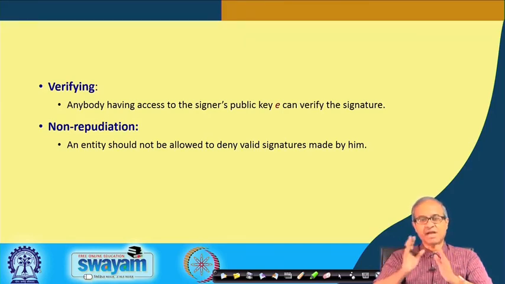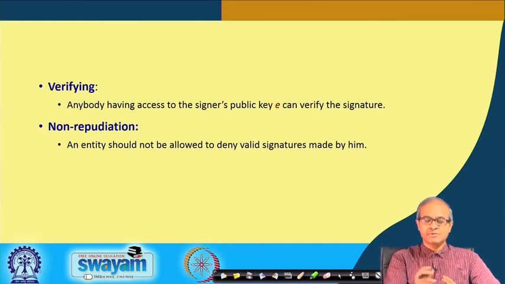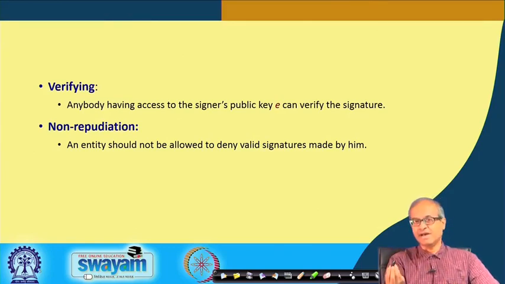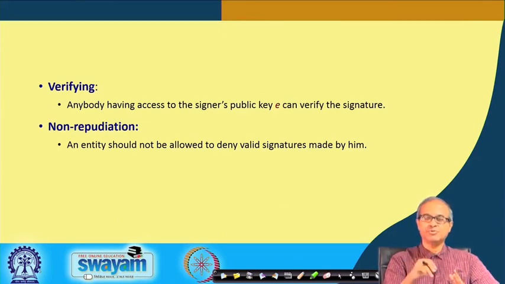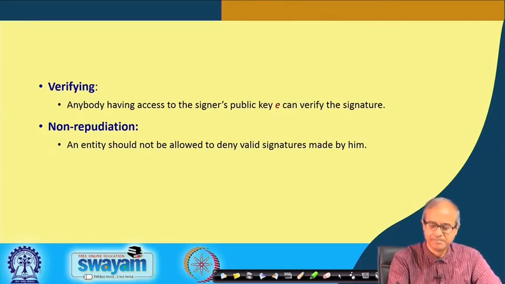Without that, public key algorithms are known to be very strong, they cannot be broken. So, this non-repudiation property also comes in as an added benefit. Someone who has signed cannot later deny that, well, that is not my signature, because it is not possible to make a duplicate signature or forge a signature using these methods.